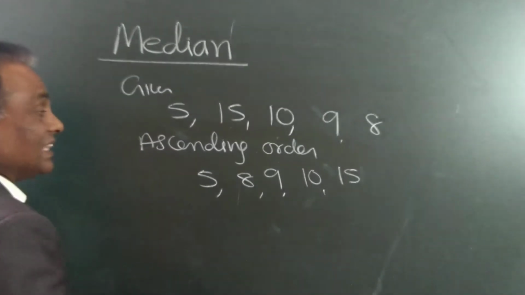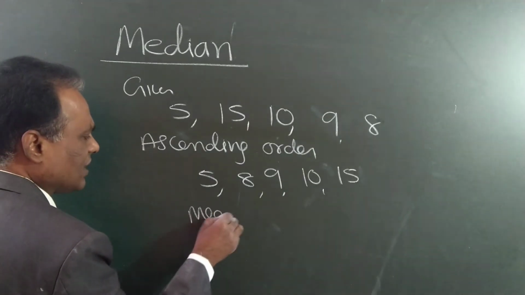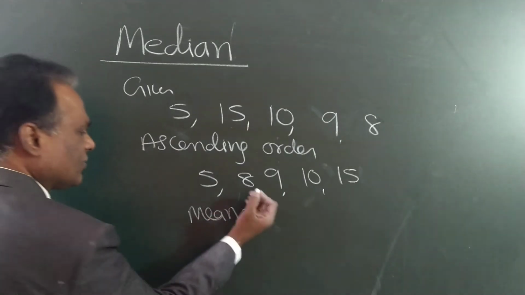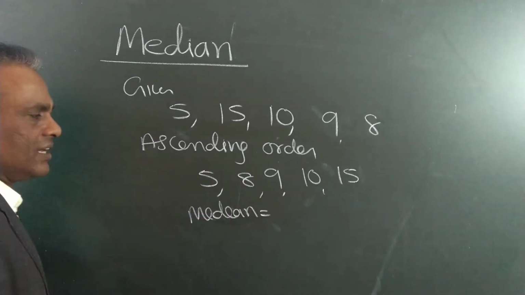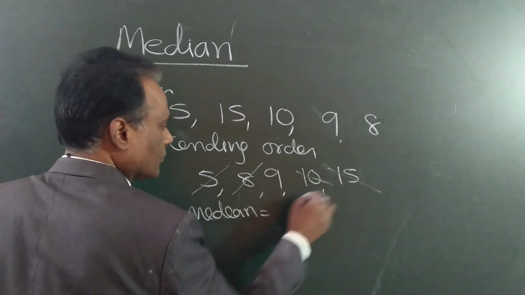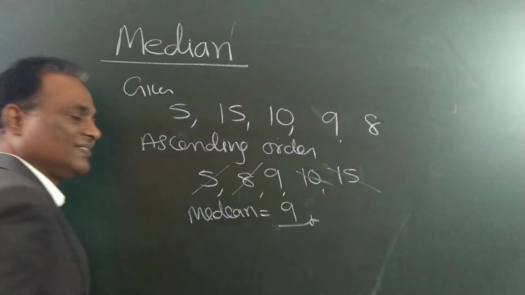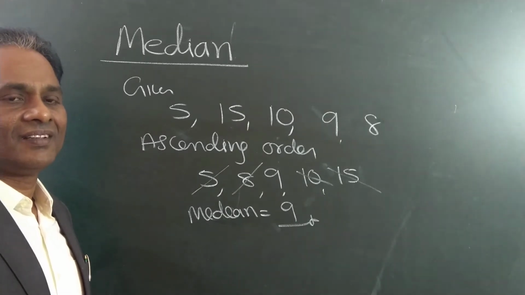So in this, the middle observation is the median. That's all. No calculation, no simplification. Middle one is called median. So which is the middle one? 9. This is the median.